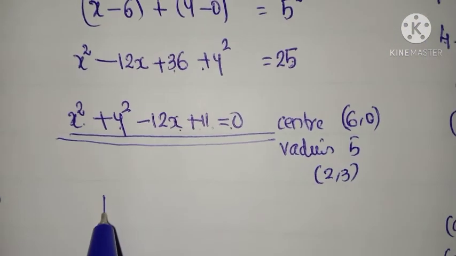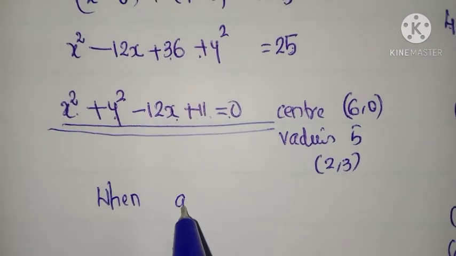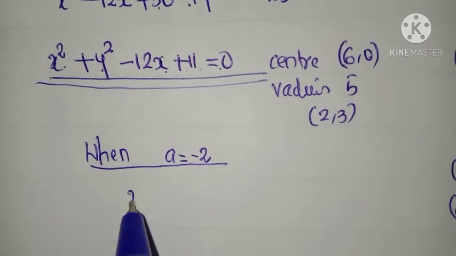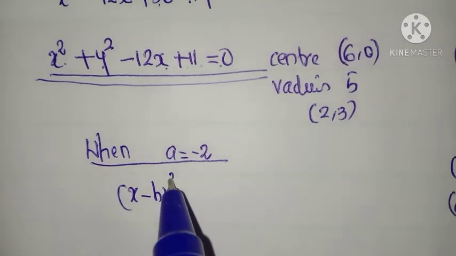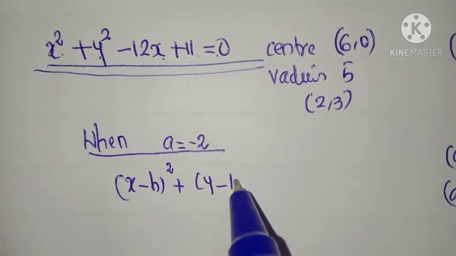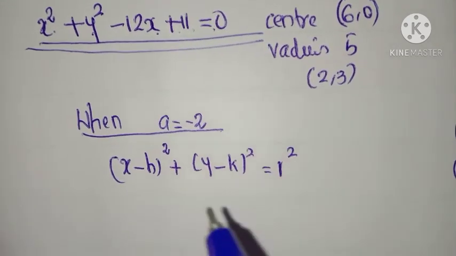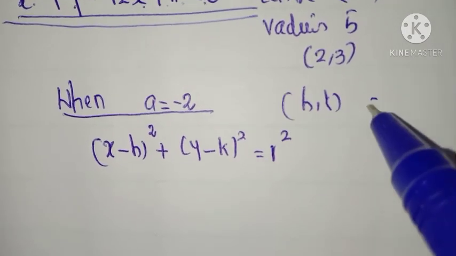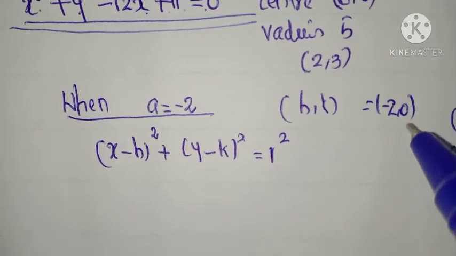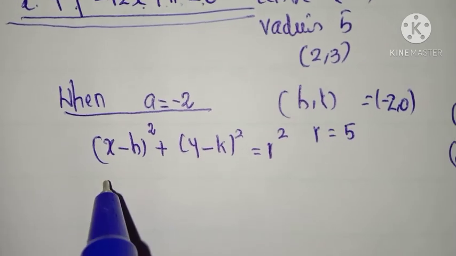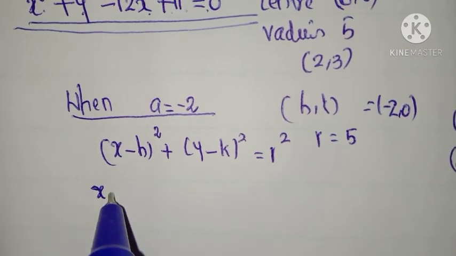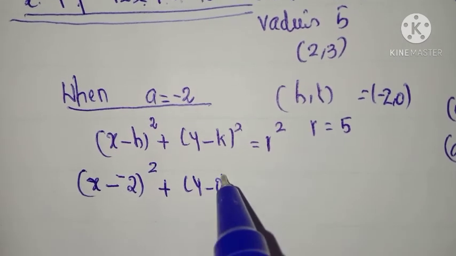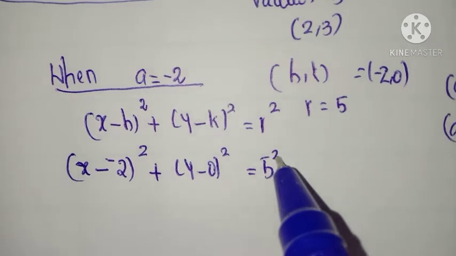Now next case is a is equal to minus 2. So when a is equal to minus 2, equation of circle becomes (x minus h) the whole square plus (y minus k) the whole square equal to r square. So put (h, k) is (minus 2, 0), r is 5 here. So this becomes (x minus minus 2) the whole square plus (y minus 0) the whole square equal to 5 square.